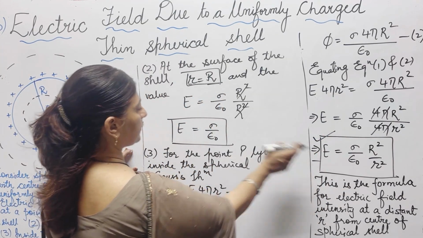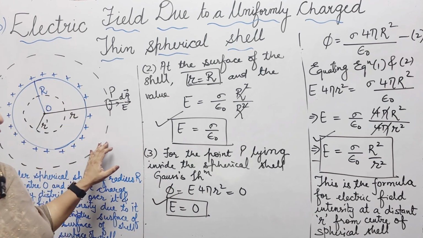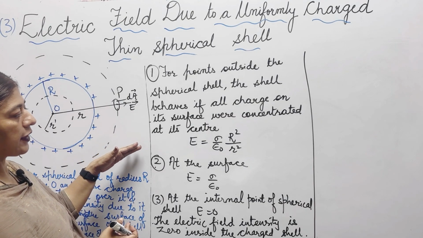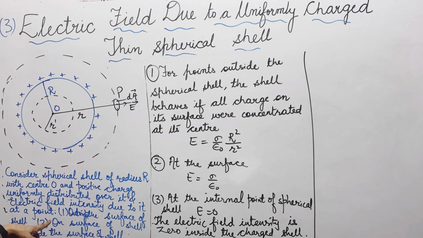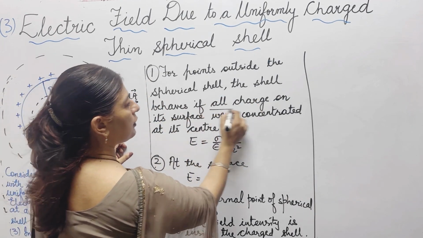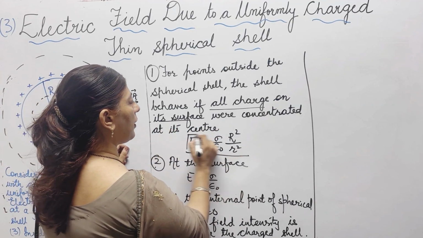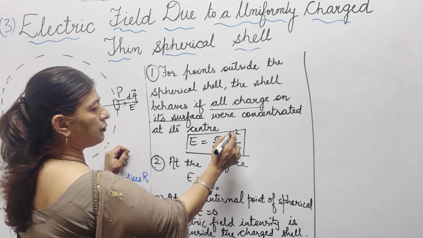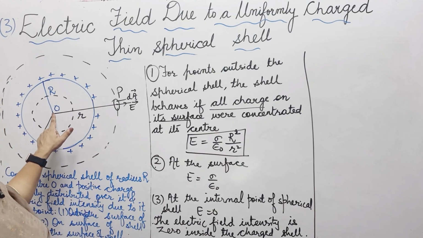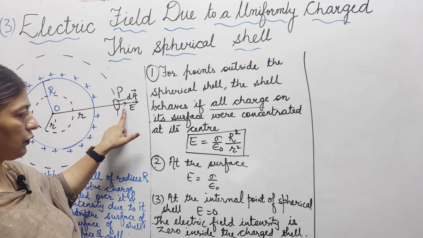This is outside the shell, this is on the surface of the shell, and this is inside the shell. I have summed up the three electric field intensities at the points that we have discussed in the beginning. For points outside the spherical shell, the shell behaves as if all the charge on its surface were concentrated at its center, and that is given by sigma by epsilon naught times capital R squared over small r squared, where small r is the distance from the center to the point outside the shell where we are finding the electric field intensity.